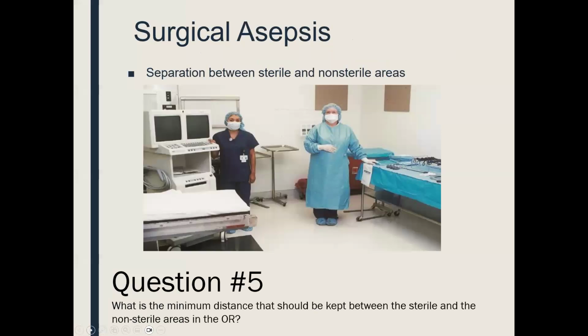Question 5. What is the minimum distance that should be kept between the sterile and non-sterile areas in the OR? Who remembers the answer to that? Not 6 feet. 6 feet is the length of the cord on the portable machines. It's 1 foot or 12 inches.